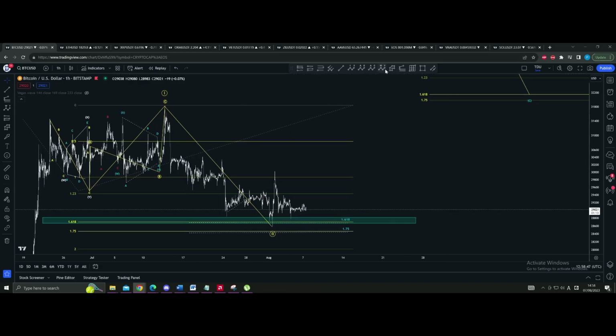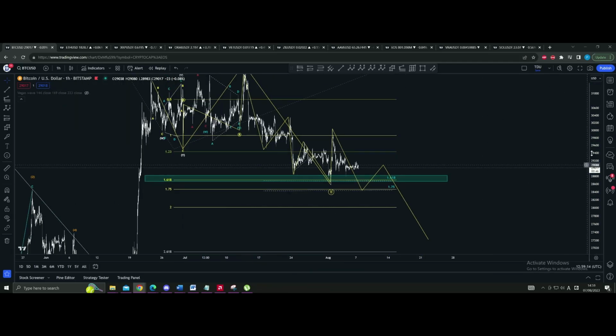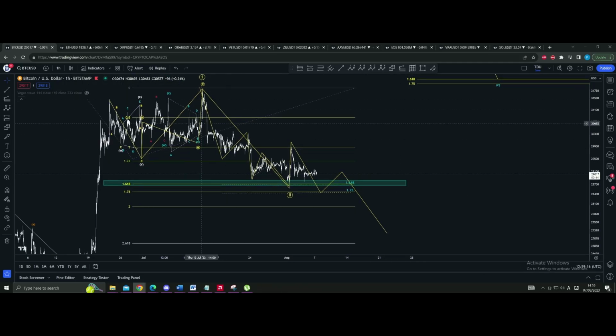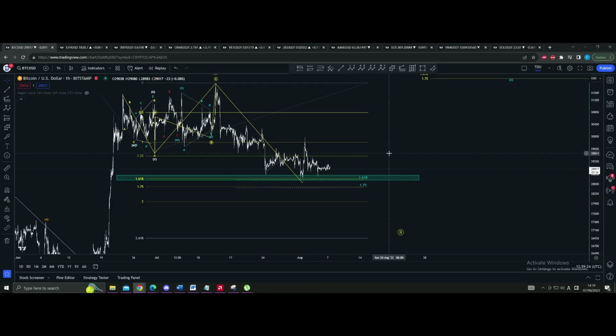Well, then you could argue that we had wave A, B, C for your W, and then A, B, C flat for your wave X, and now we're forming A, B, C for the Y. In a sense, you're gonna have W, X, Y, and this is going to be your wave 2. I don't like it. It is what it is.